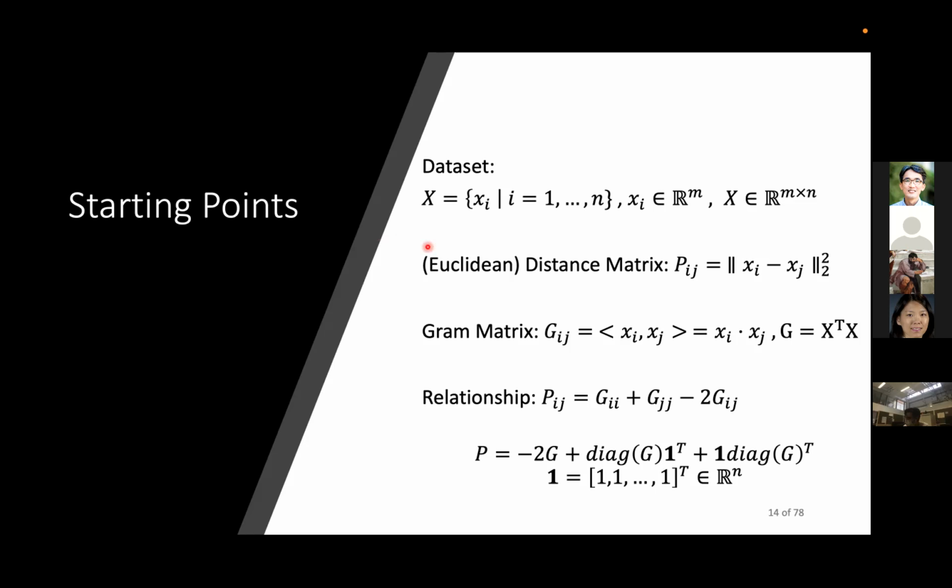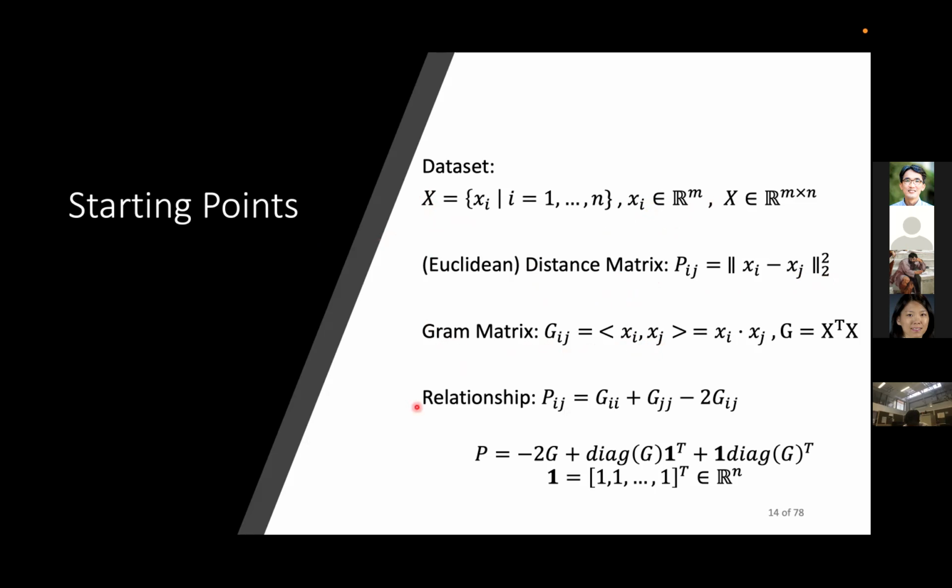Before I start, I just want to go over the notation. Assume we have a data set of n points, each a vector with m dimensions, and we're given a Euclidean matrix of squared distances. We can define a Gram matrix, whose entries are the inner products between pairwise points.